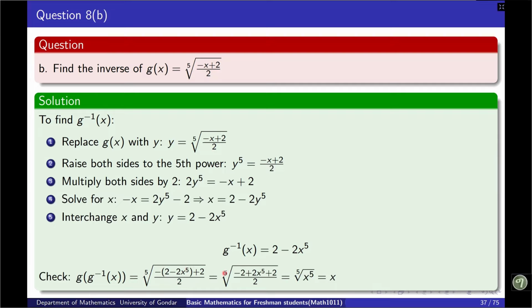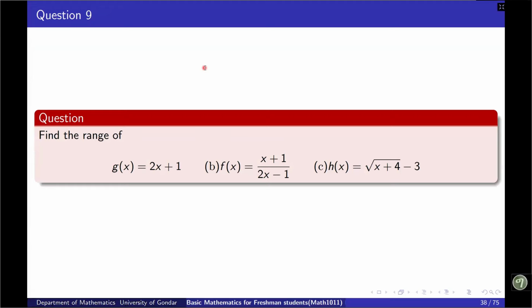After distributing and simplifying, the fifth root of minus 2 plus 2, over 2, the 2 and minus 2 cancel, and we are left with the fifth root of x to the power of 5, which is equal to x. So exactly, g inverse of x equal to 2 minus 2x to the power of 5 is the inverse of g of x, which is given here.